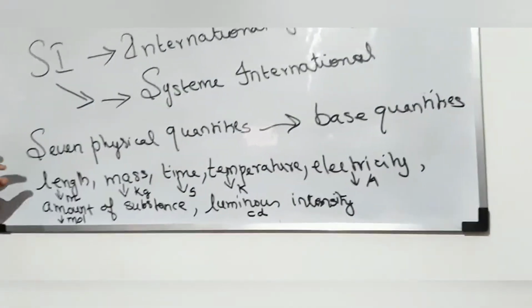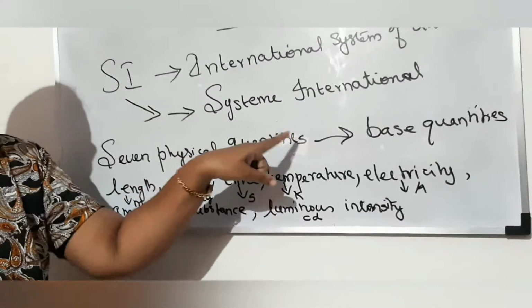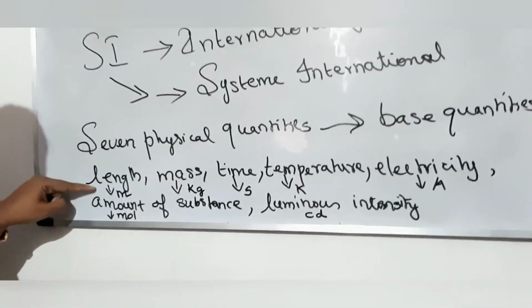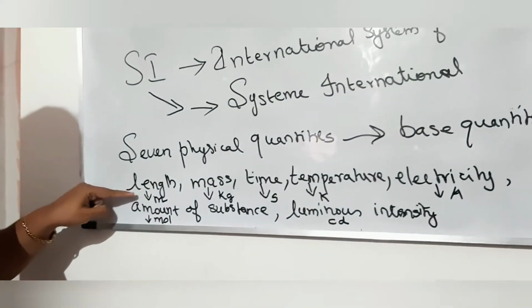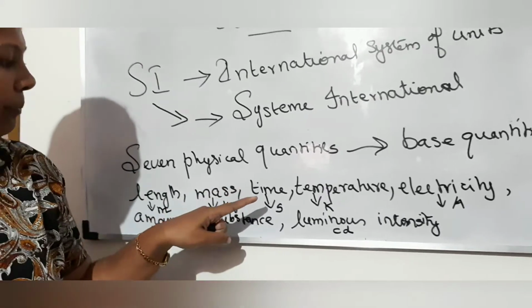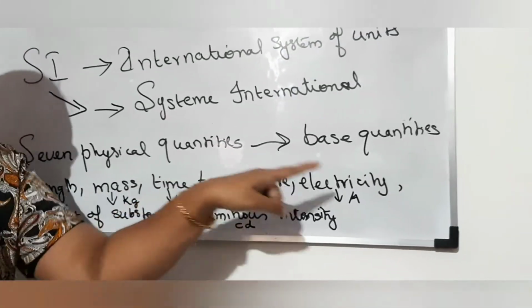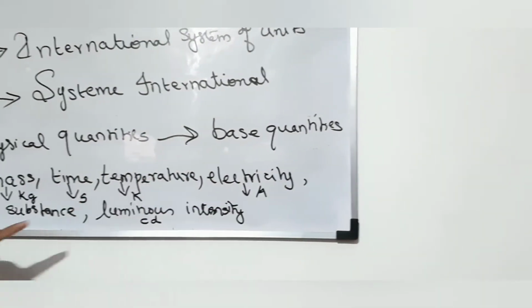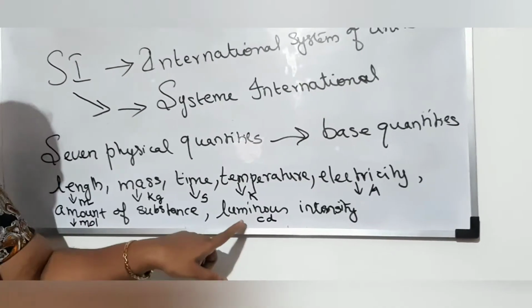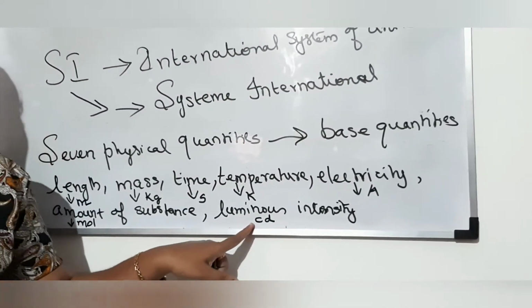Then for every base quantity, a standard unit was defined, that is meter, kilogram, second, Kelvin, ampere, mol for mole, then candela, CD.